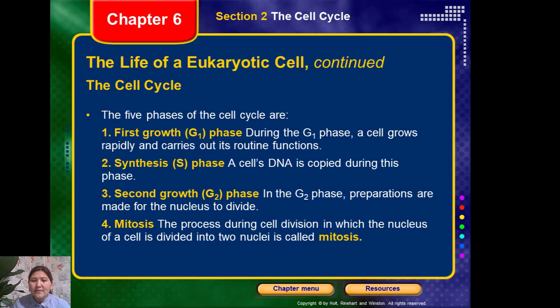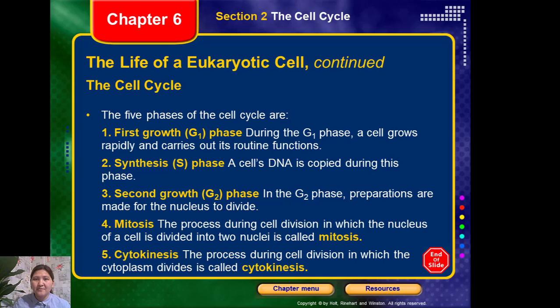Mitosis is a process during cell division in which the nucleus of the cell is divided into 2 nuclei. This is called mitosis. So finally there will be just 2 cells. Don't forget. And cytokinesis is the process when the cell divides its cytoplasm. If you remember, cytoplasm is the jelly-like structure of the cell.